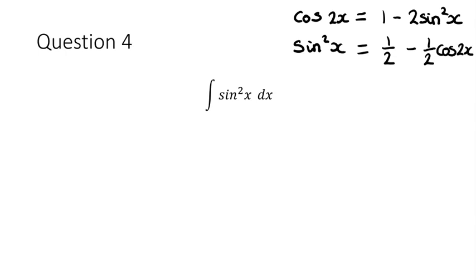So what I've done there is rewritten sine squared into 2 terms that are much easier to integrate. So instead of integrating sine squared, I'm going to think of this as integrating a half minus a half cos 2x.